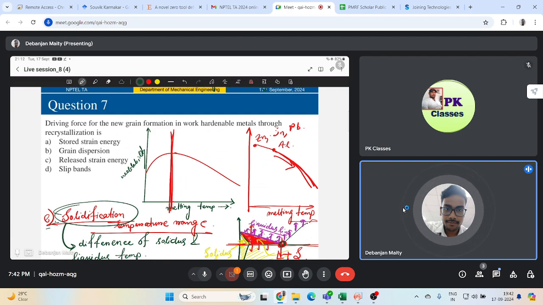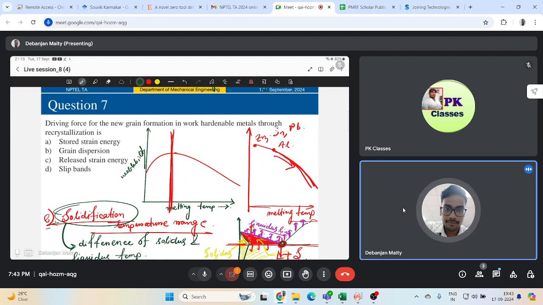It is kind of like every action has an opposite reaction. If you have stored something in a high volume, then you can release those energies.